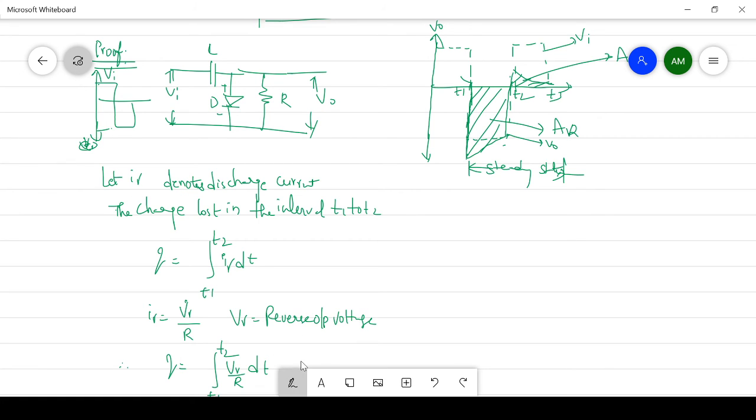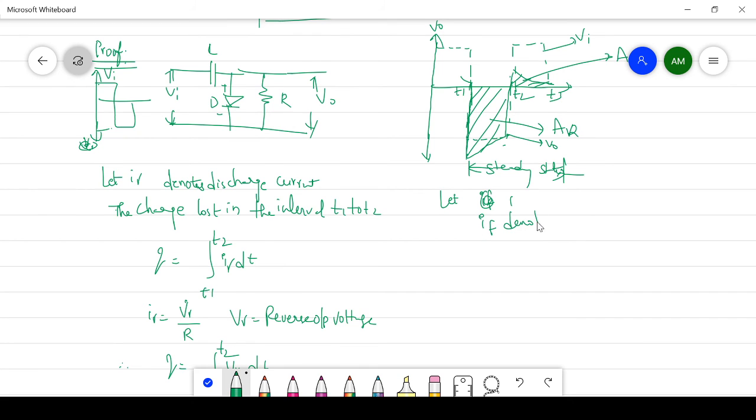Let IF denote the charging current. The charge regained, Q dash, is the integral from T2 to T3 of IF dt.